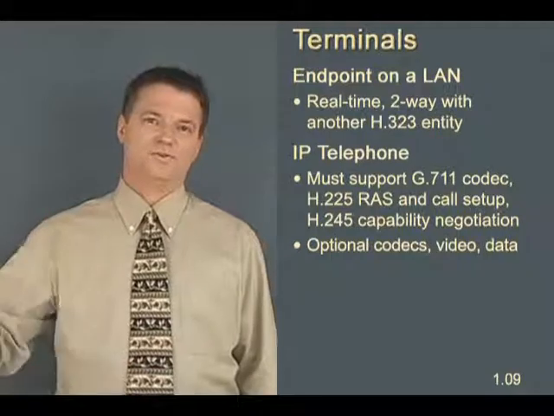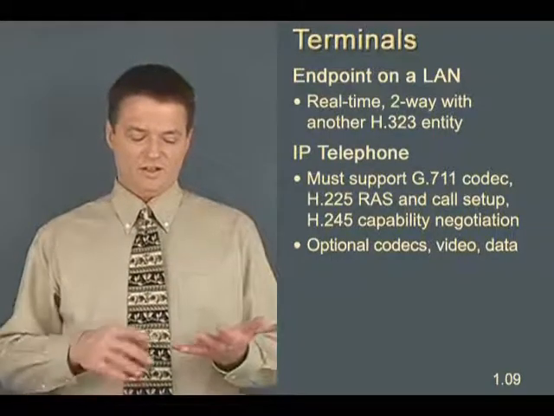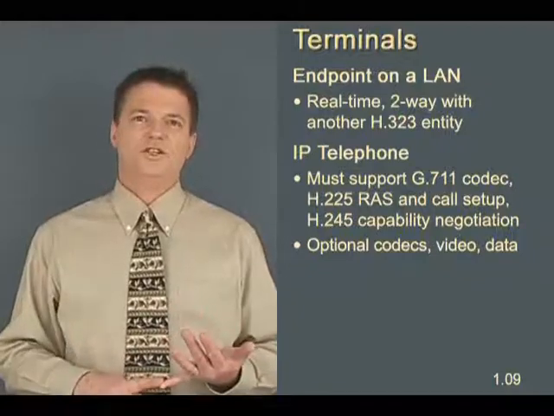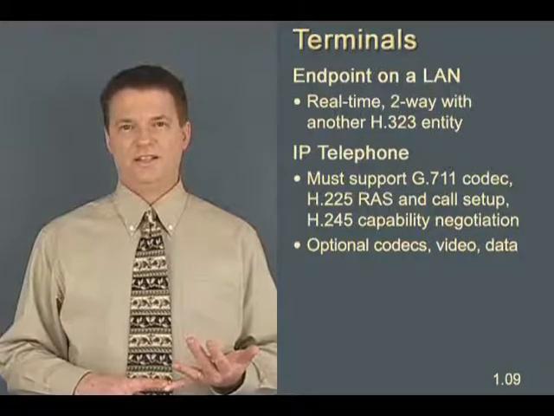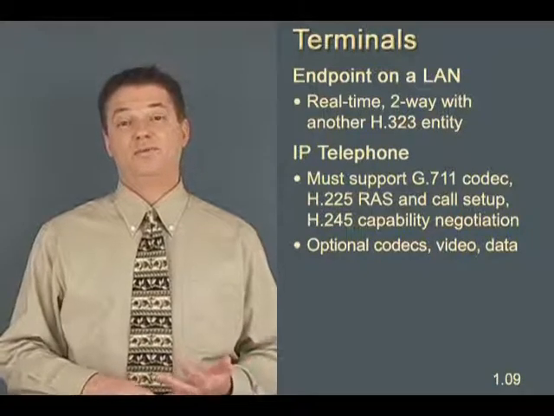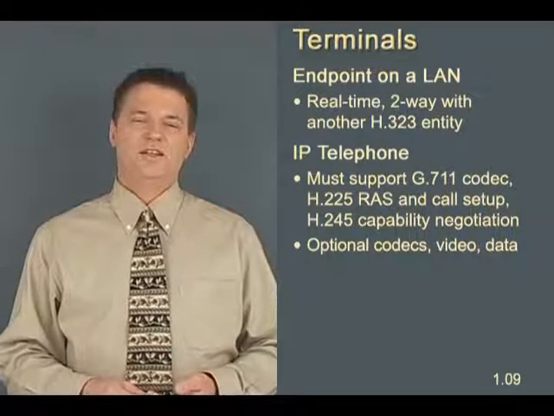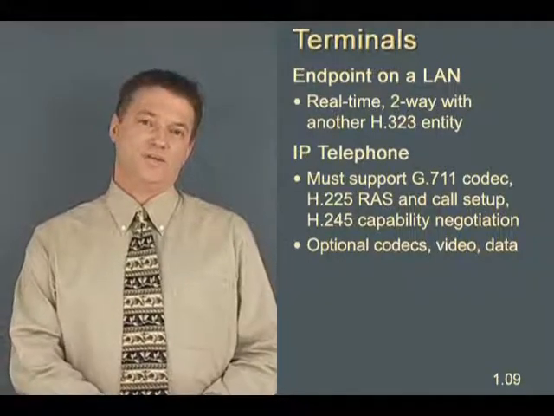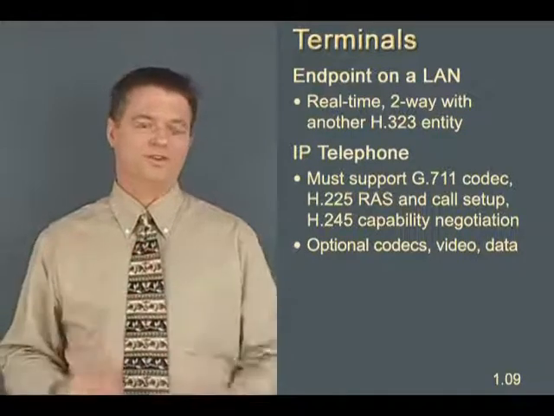It produces 64 kilobits per second all the time. The terminal has to support the H.225 registration, admission, and status, and it has to support the Q.931 call setup protocols. In addition, it has to support H.245 capability negotiation. Now that's the minimum requirement on a terminal.